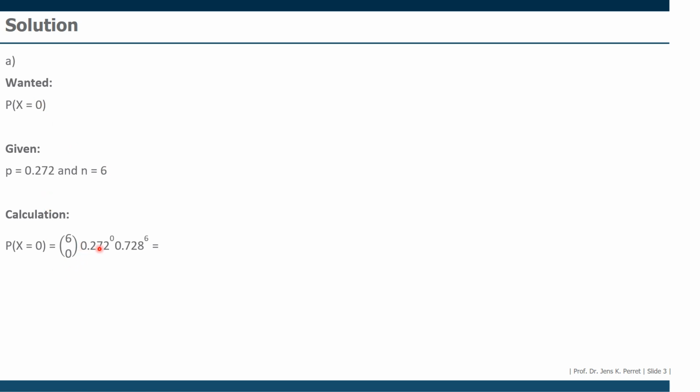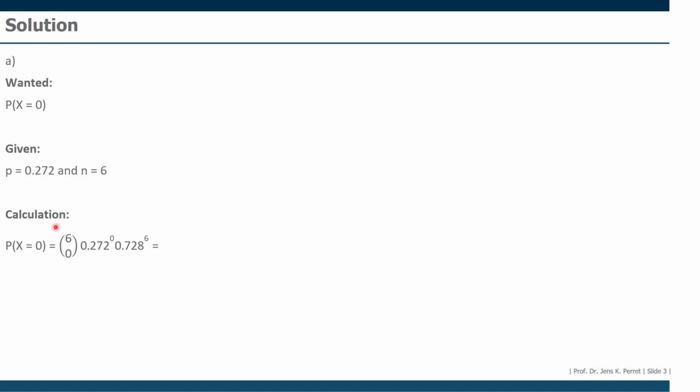First, we have small n over small k, so the 6 and the 0. Then we have the probability to the power of small k. That's here the probability, small k. And then we have 1 minus the probability, so 1 minus 0.272, to the power of n minus k.